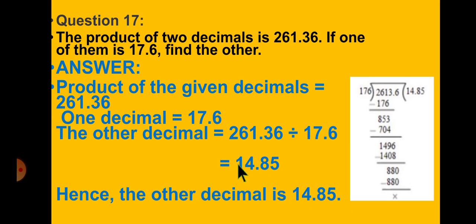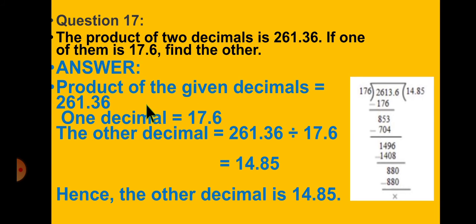Let's see, this is the last question of this exercise. Question number 17. The product of two decimals is 261.36. If one of them is 17.6, find the other. The product of the given decimals.